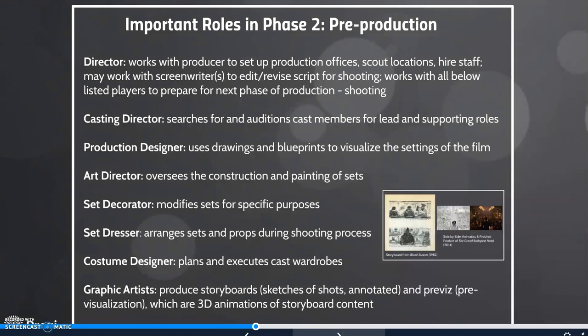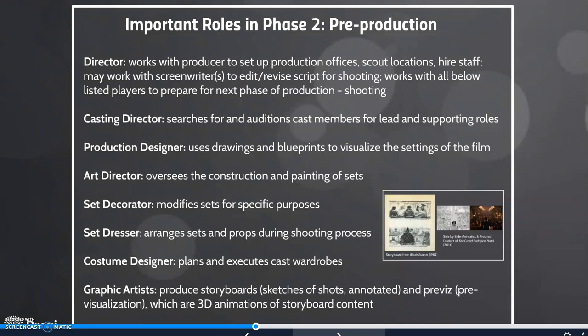You have a casting director, who is the person who auditions cast members; a production designer, who uses drawings and blueprints to visualize the film; an art director, who oversees the construction of the actual sets; the set decorator, who modifies the sets for different purposes; and the set dresser, who arranges the props during the shooting process specifically.